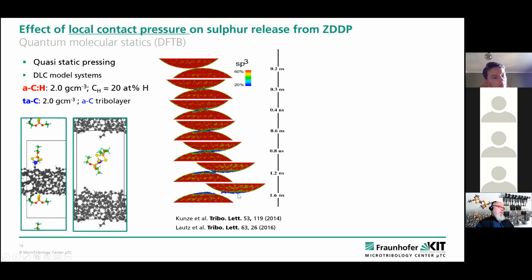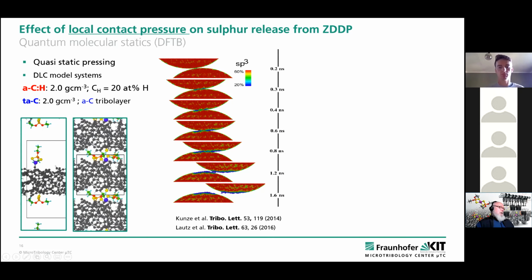We will do that later. A second observation is, if you collide TAC asperities, like here, I plotted the sp3 fraction of this. By the collision, you produce sp2 tribolayers on top, and that's also seen in experiments. So a TAC on this scale is represented by an AC tribolayer. So this is why we set up the TAC as an AC.